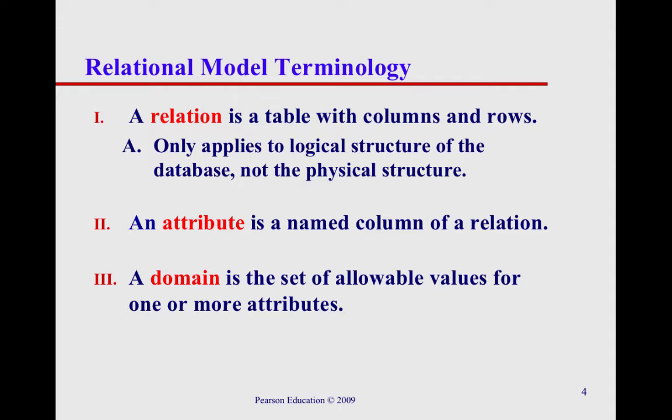Then an attribute is a named column of a relation, and the domain is the set of allowable values for one or more attributes. So a relation is a lot like a struct in C or a class in C++, and the attributes are a lot like variables, and the domains are a lot like what?